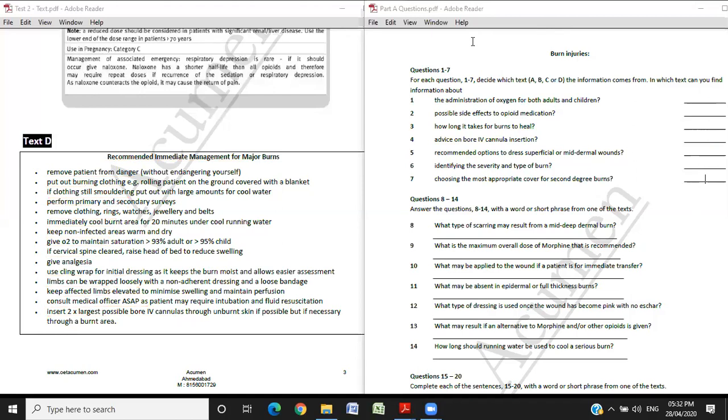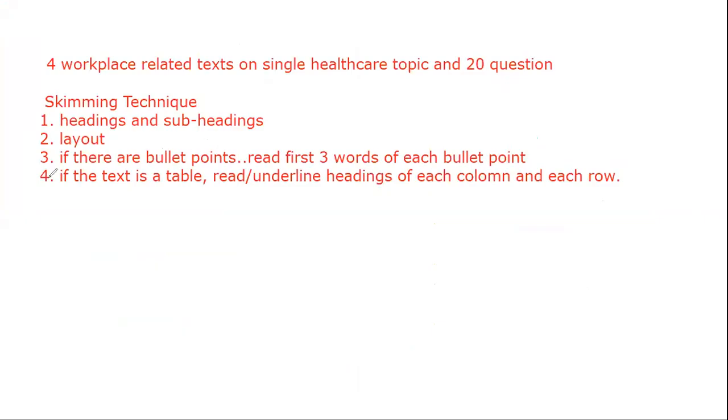So you need a different set of strategies for skimming each kind of text. Now, we have listed down the skimming techniques here. You would need these techniques for question number 1 to 7. Now we are going to learn scanning.